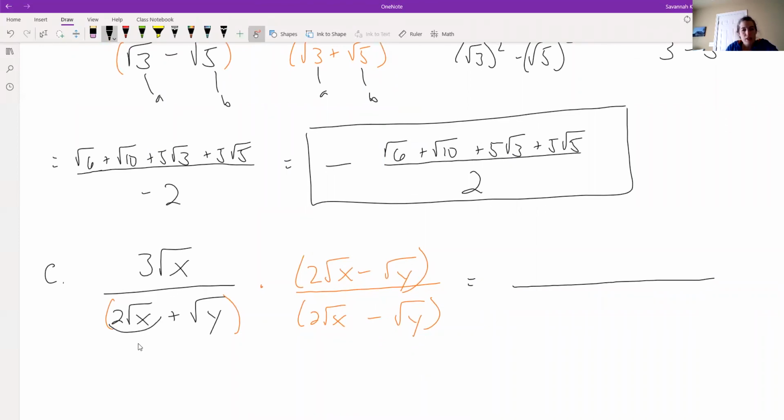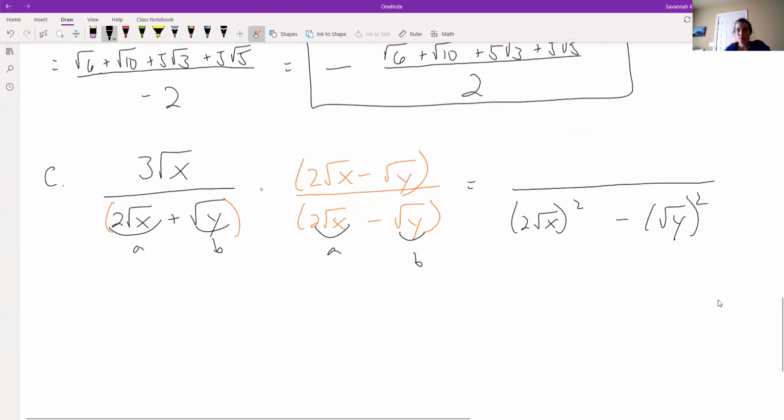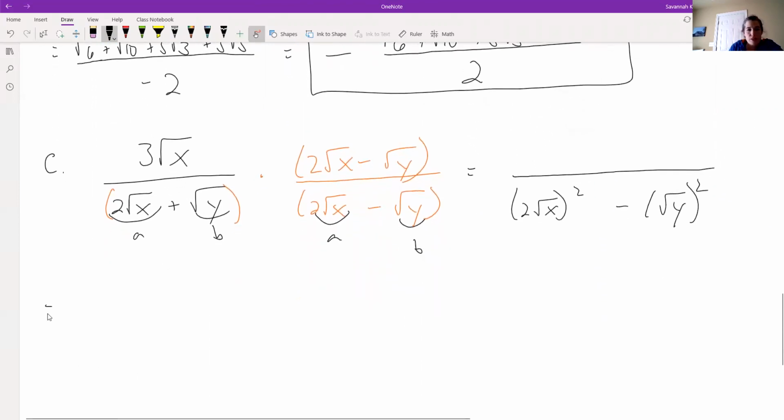So this whole thing is A. Of course, that's B. This whole thing is A. There's B again. So I need A squared minus B squared. So this is going to be A squared minus B squared according to the formula. And like I did a minute ago, I should have done this from the beginning.